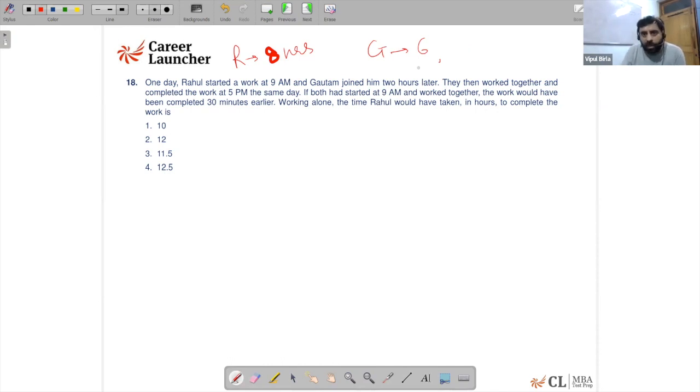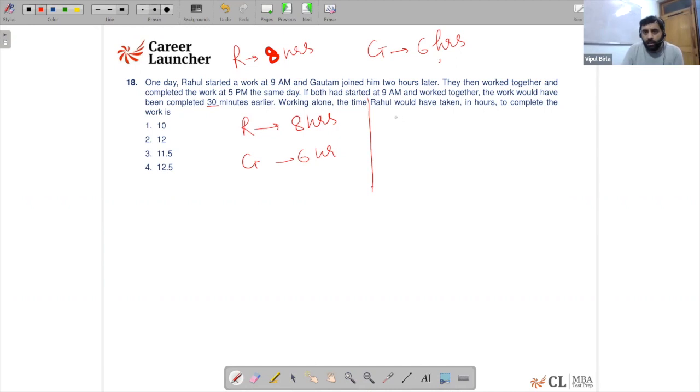While if both had started at 9 a.m. and worked together, the work would have been completed 30 minutes earlier. So we are supposed to identify, if Rahul is working all alone, the time taken by Rahul to do the same task in hours. Now, one instance: Rahul worked for 8 hours, Gautam worked for 6 hours, and the work is completed.